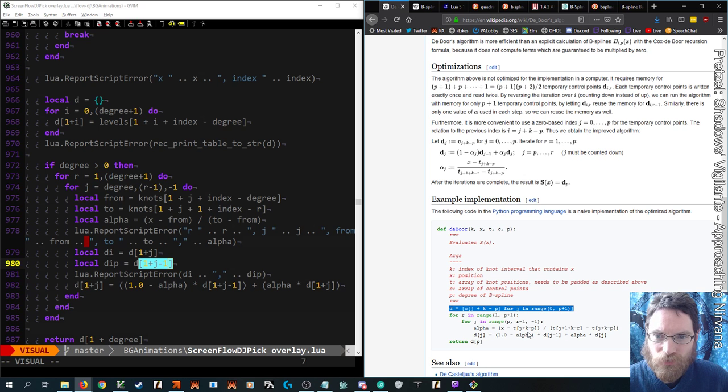Now, iterate r equals 1 to p. D sub j, alpha sub j, d sub j minus 1. It's not iterate. Oh, j equals p to r. P to r. Iterate for r equals 1 to p.